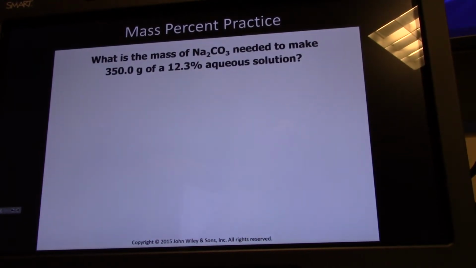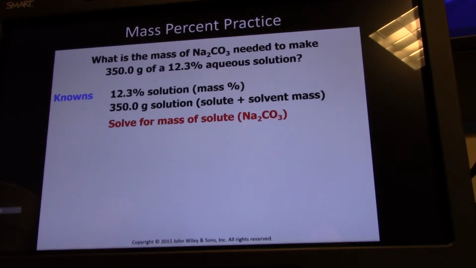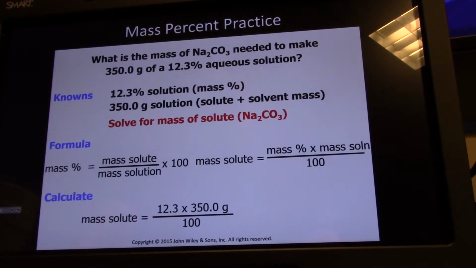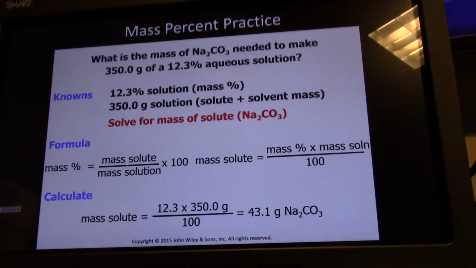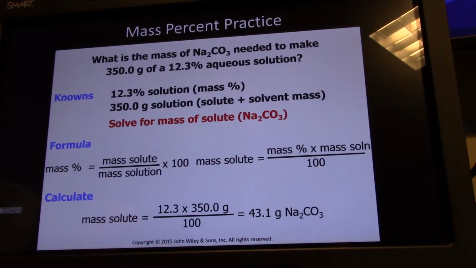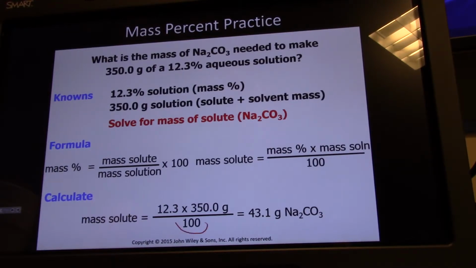What is the mass of sodium carbonate needed to make 350 grams of a 12.3% aqueous solution? Well, we are just solving for the mass of the solute here. So 12.3%, to convert a percent to a decimal, we divide by 100. That's why you have that 100 here.